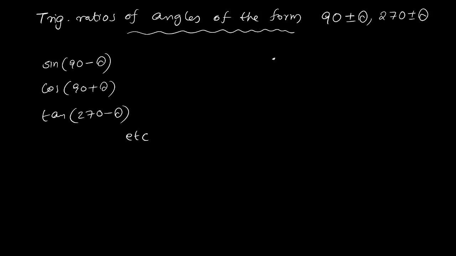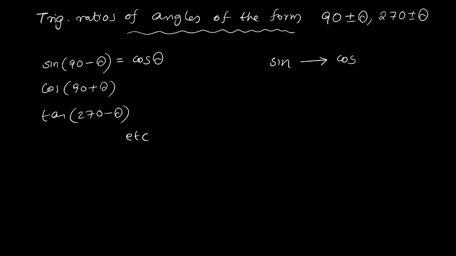If the angle is of the form 90 plus or minus theta or 270 plus or minus theta, and the left side trigonometric ratio is sine, the right side becomes cos of the last angle.